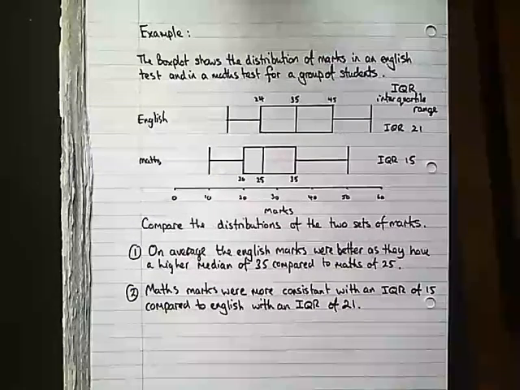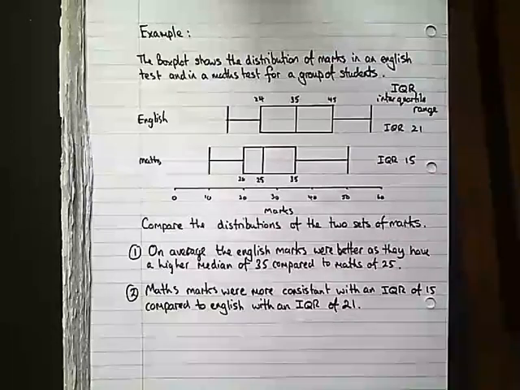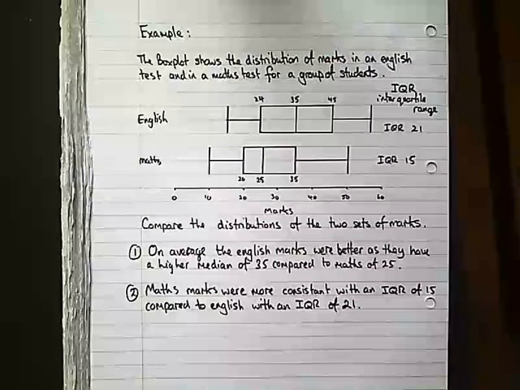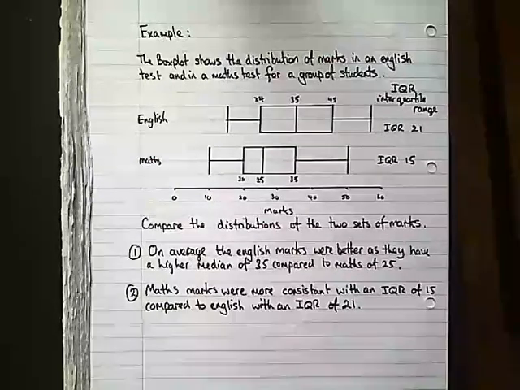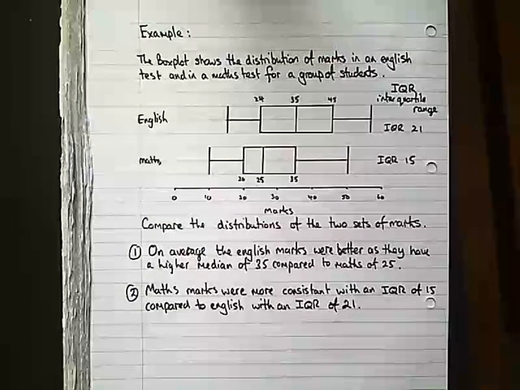Okay, although it's higher, it means they're more spread out, so they're not as consistent. They're all over the place. The smaller the interquartile range, the more consistent they are.